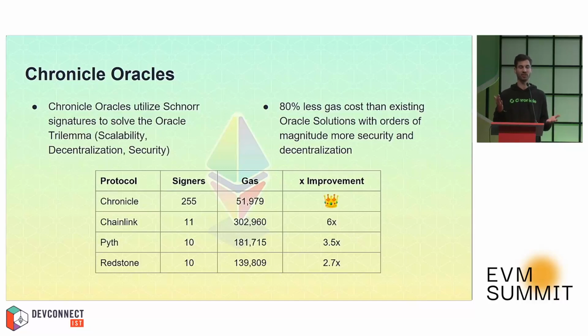And so with Schnorr signatures, not only were we able to achieve orders of magnitude more signers or data points than all of these existing solutions, but we were also able to get the gas down to anything cheaper than existing solutions. And at this 52,000 gas marker, of that 52,000 gas, 21,000 gas is the default Ethereum gas cost.